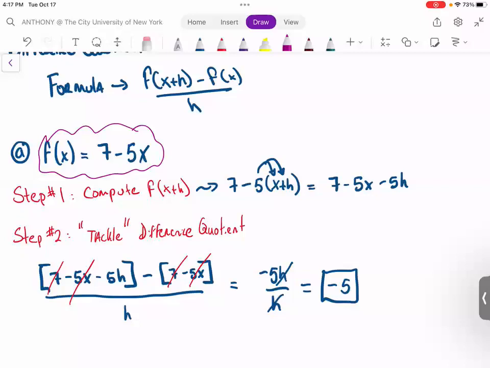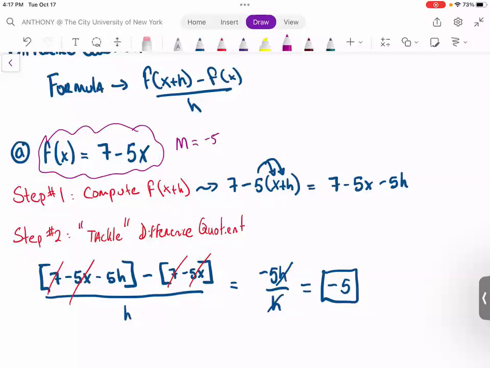When you're dealing with linear equations, what is one of the most common things you're often asked to find? The slope. My slope in this example, when you look at this function, is what? Not -5x, but just -5.